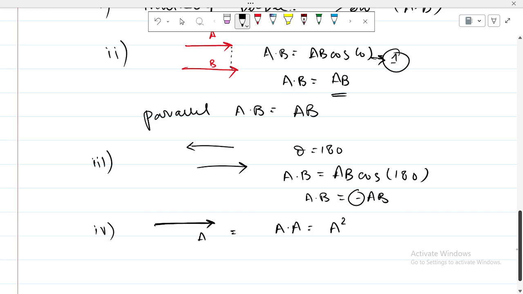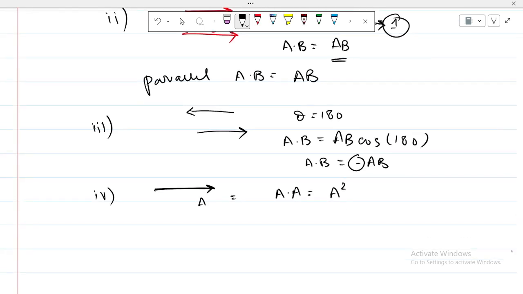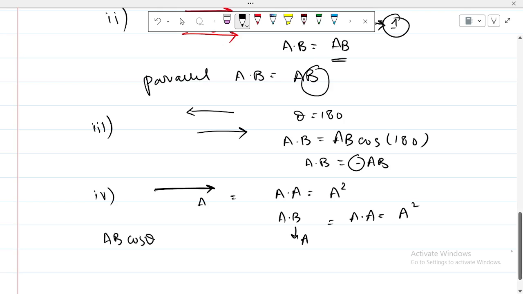A squared in a sense, because you can say this is just the case of the parallel one, a special case of the second property, where the second vector is simply itself. We get A dot A equals A squared. And you already know that normally we would have AB cos theta, and if cos theta was actually 1, we would have AB.